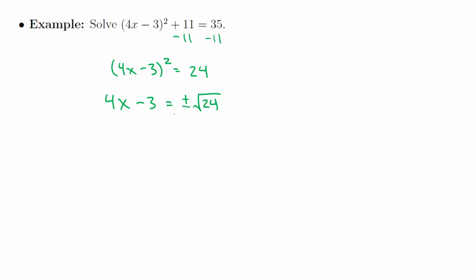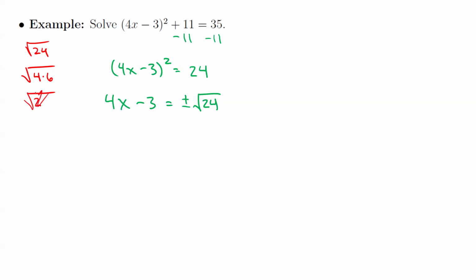Now, before I proceed any further, let's note that the square root of 24 can be simplified. In a longer problem like this, it might not be a terrible idea to do your simplification over here on the side so you don't have to continue to rewrite everything. So are there any perfect squares in 24? Yes, there are. 4 times 6 is 24.